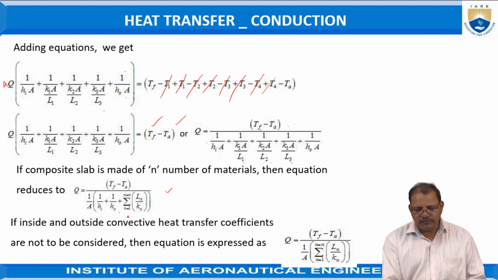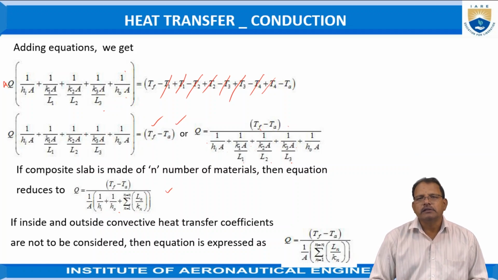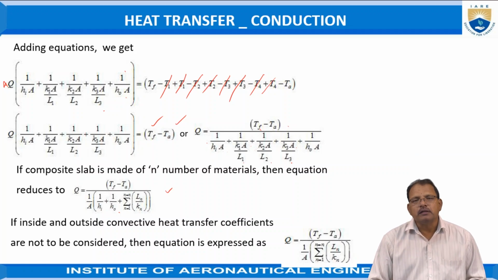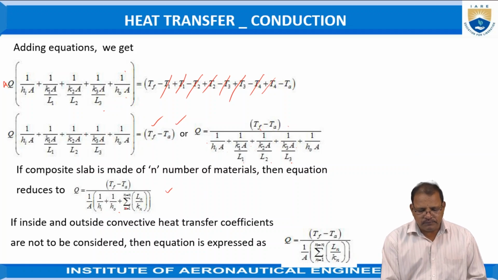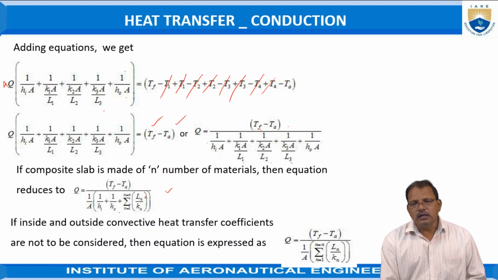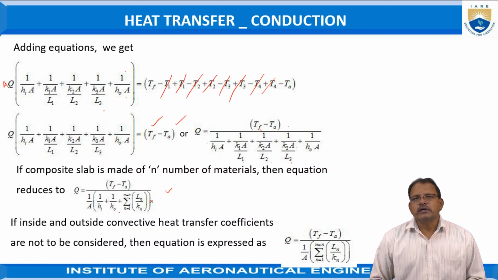If any number of blocks are there, that is sigma of n equal to 1 to n of Ln divided by Kn, where Ln represents the thickness of each block and Kn represents the thermal conductivity of each block. So in these relations, the magnitude of 1 by Hi plus 1 by H0 plus sigma of n equal to 1 to n of Ln by Kn is called the overall heat transfer coefficient of the composite walls.